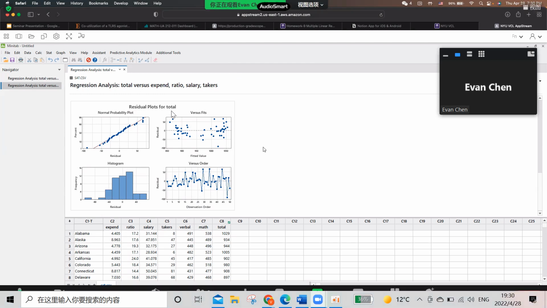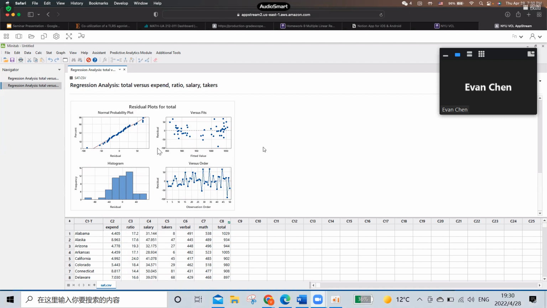So when your prediction is between 850 and 900, you will find you have some errors, and those errors range from minus 50 to 65 or even more.